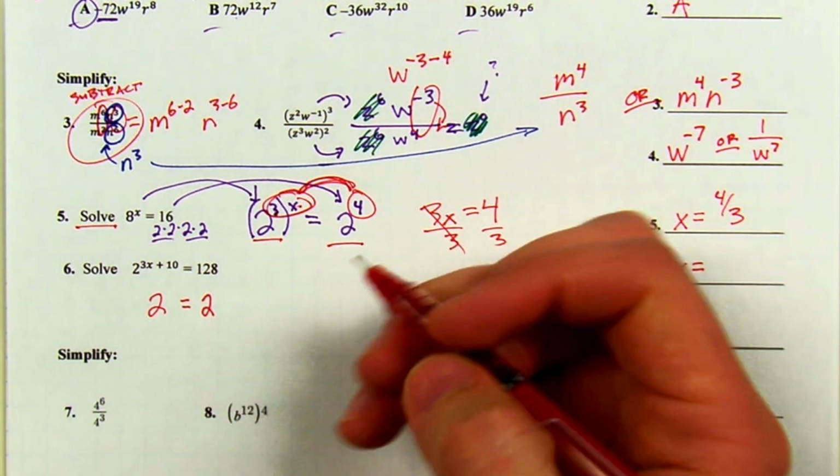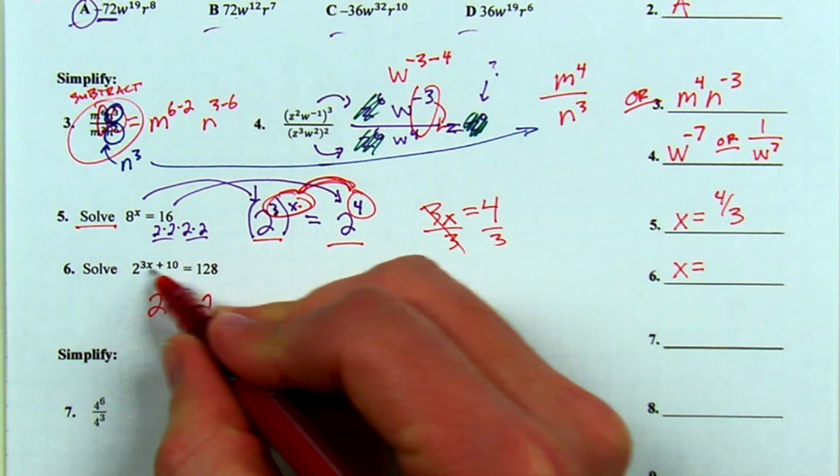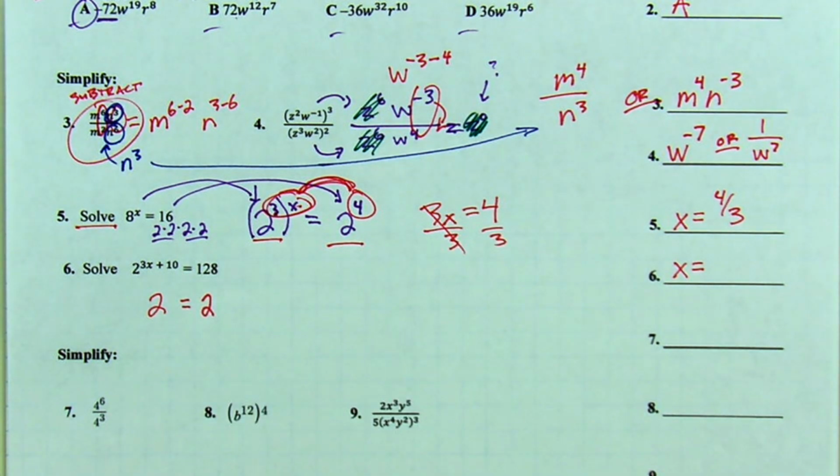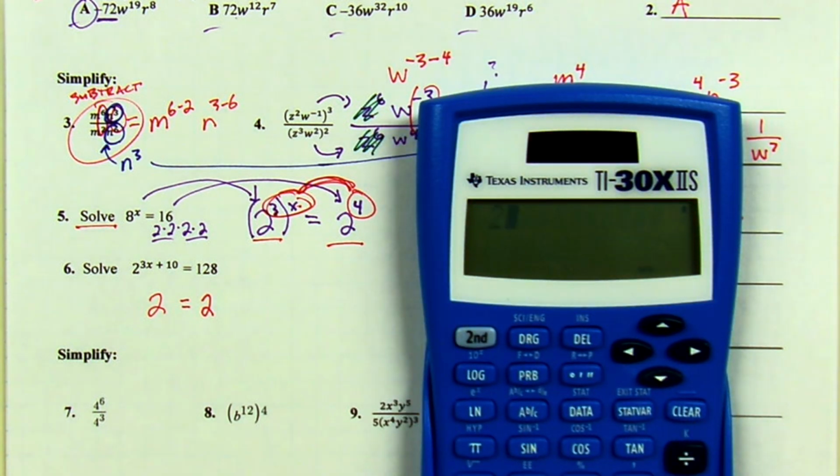All right, so if it's 2 to the 3x plus 10 equals 128, I can use my calculator to figure out how many 2's make 128. Is it 2 to the 3rd? Nope. Is it 2 to the 8th? Nope, overshot it. 2 to the 7th maybe. Yep, 2 to the 7th is 128.